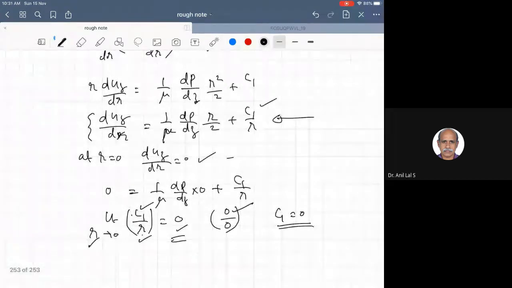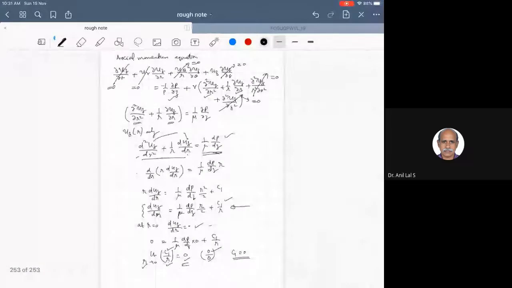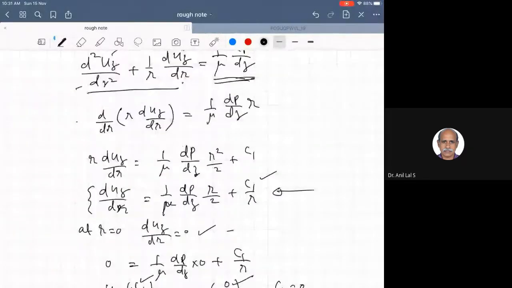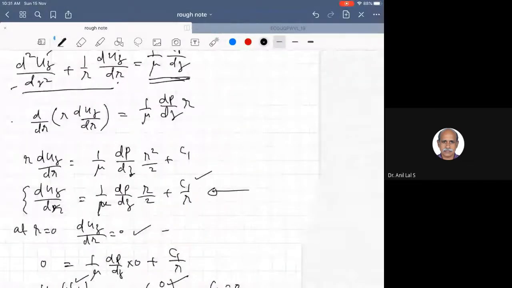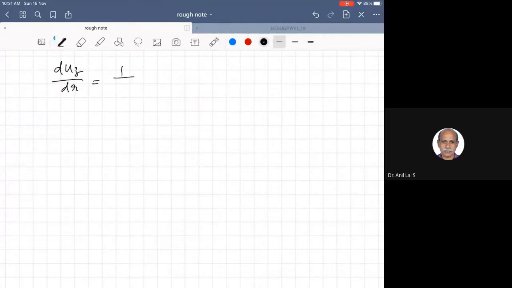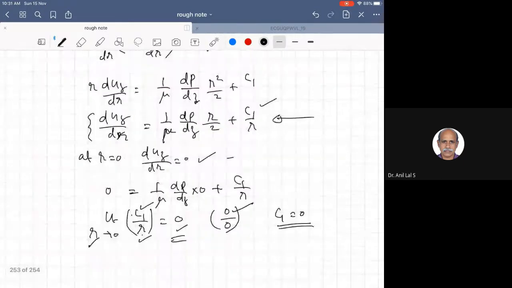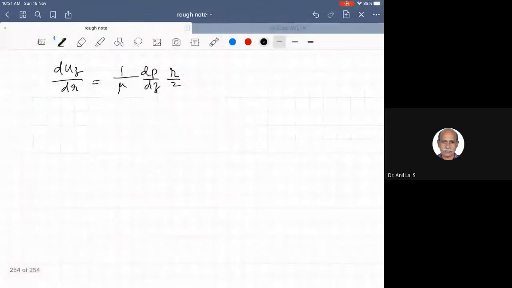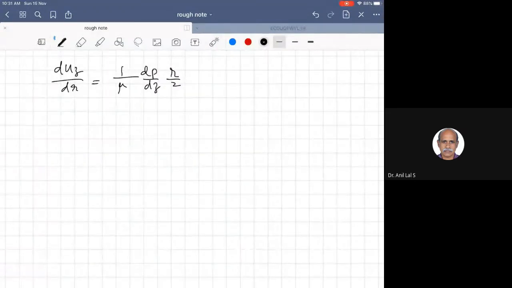So our equation, you write duz by dr is equal to 1 by mu dp by dz r by 2 plus c1 by r is equal to 0. So c1 by r is equal to 0, c1 is equal to 0.